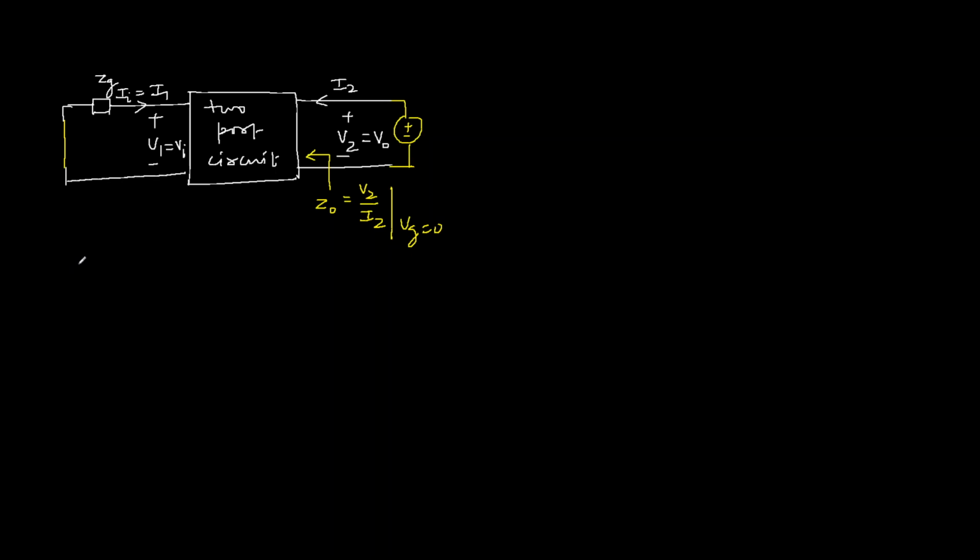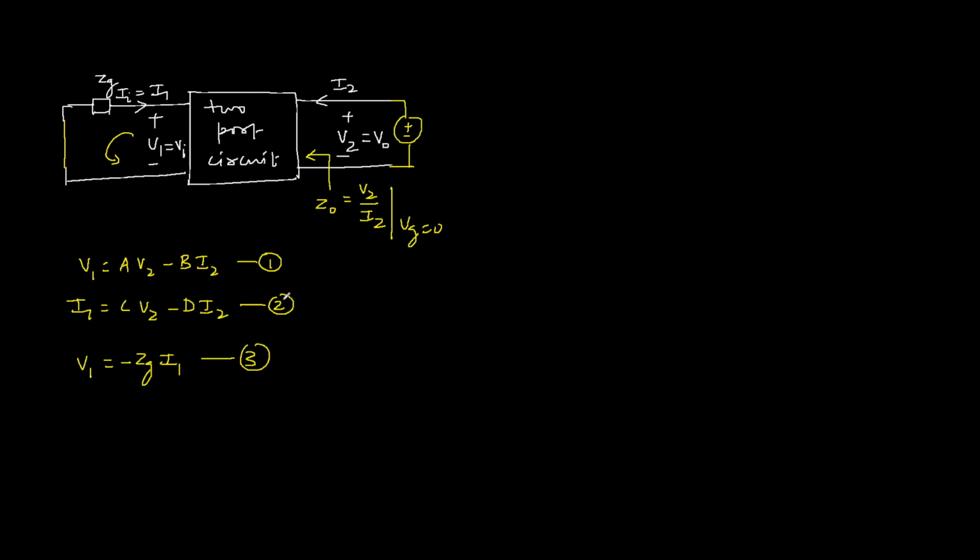We know that the equations for two-port networks in terms of ABCD parameters are V1 equal to A V2 minus B I2. This is first equation. Second equation is I1 equal to CV2 minus DI2. Now from the input side, we can write V1 equal to minus ZG I1. This is equation 3. So we have to find out the ratio of V2 to I2.